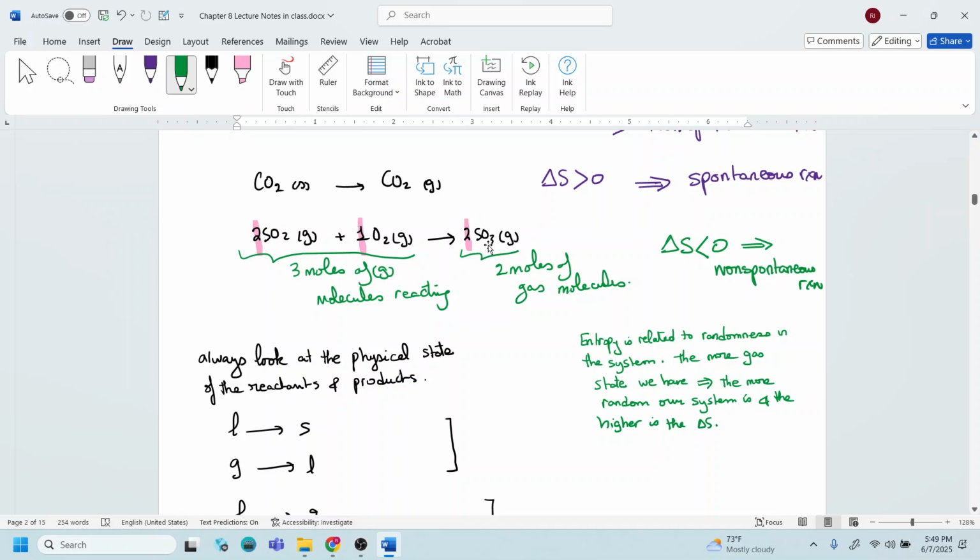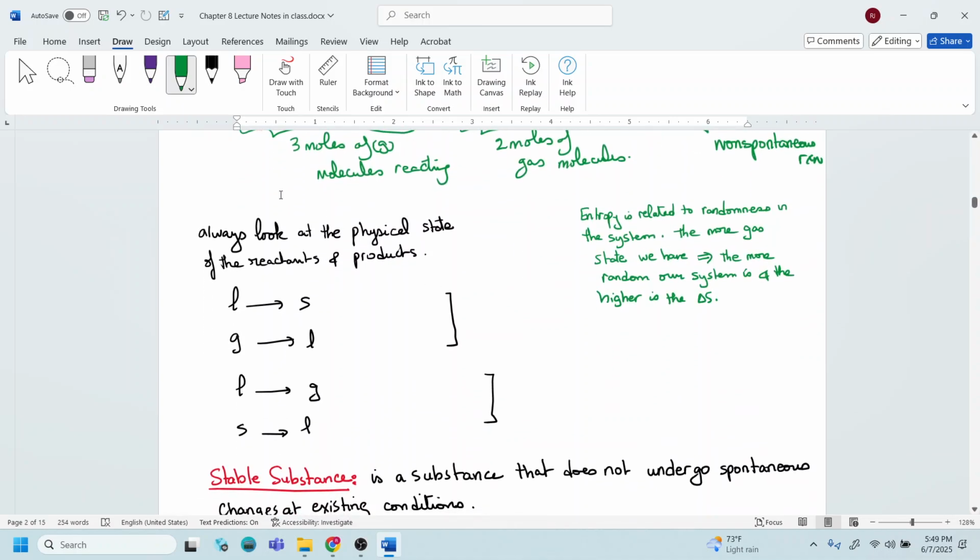If your outcome is less than what you start with, because they are all the same physical state, all gases, then your system is going to be less random, and less random means a non-spontaneous reaction. By definition, you always look at the physical state of the reactants and the products.